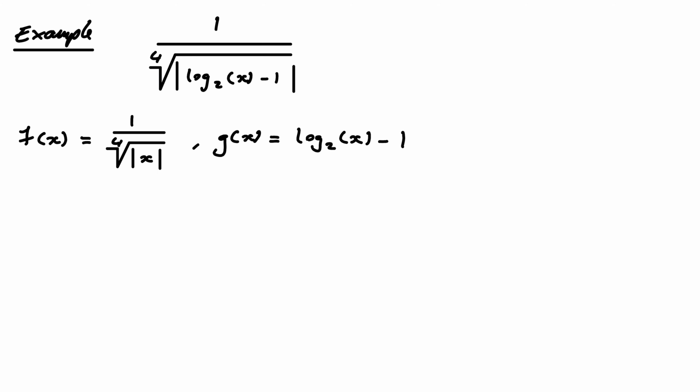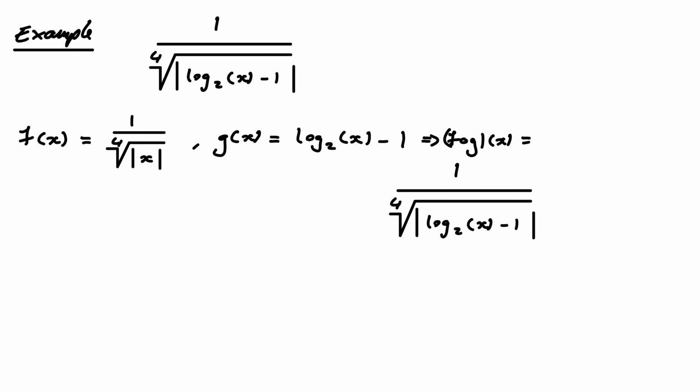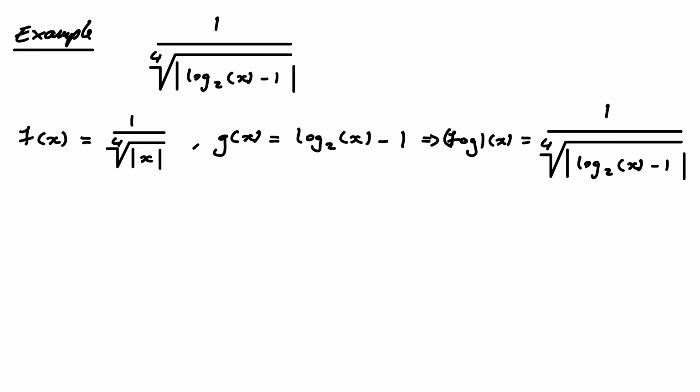It's a little bit easier because it's really close to my core function, just log base 2 of x. So if this is the case, the way we've set it up, brilliant. f composed with g of x is equal to what we're looking for. Bingo.